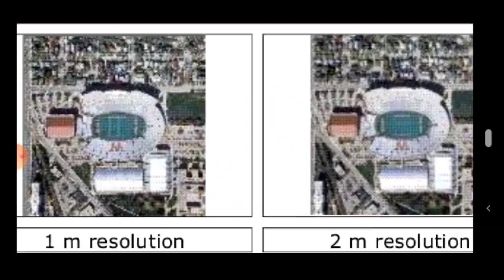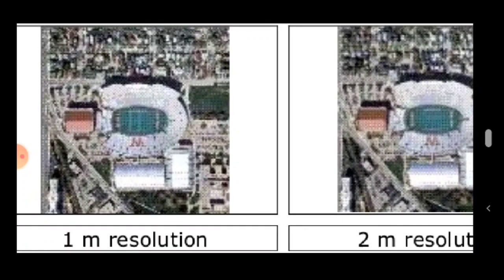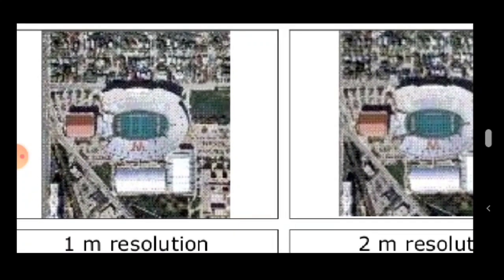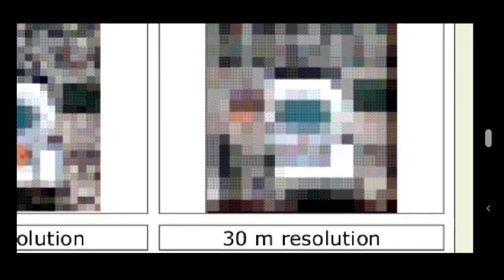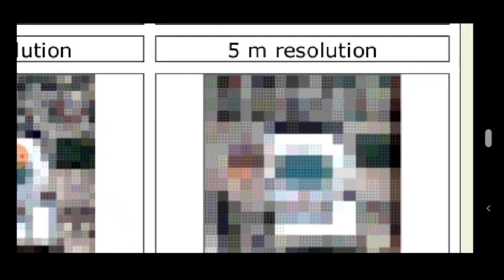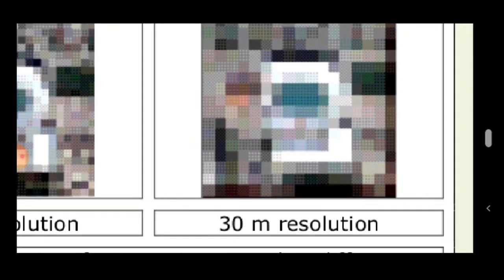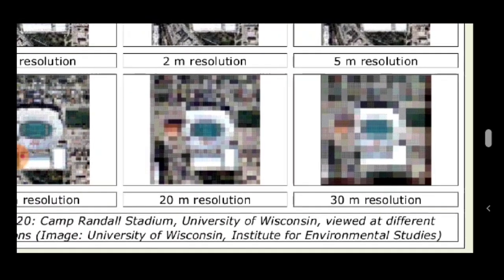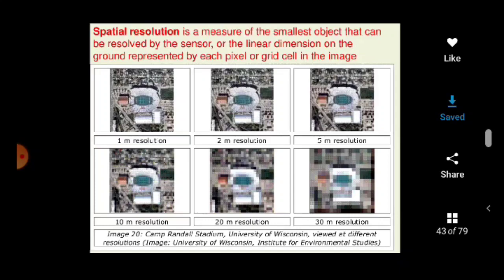So what do you think the high resolution is? Of course, the 1 meter resolution, because 1 pixel can show you the detail of 1 square meter on the surface. Here, through 1 pixel you can only see detail of a 900 square meter area. So you can have an idea of when the spatial resolution is high and when it is low.